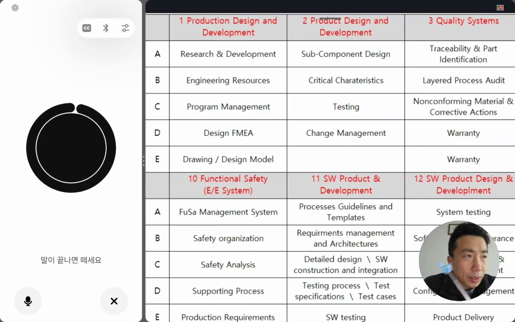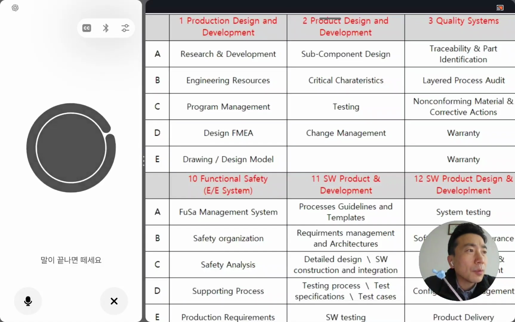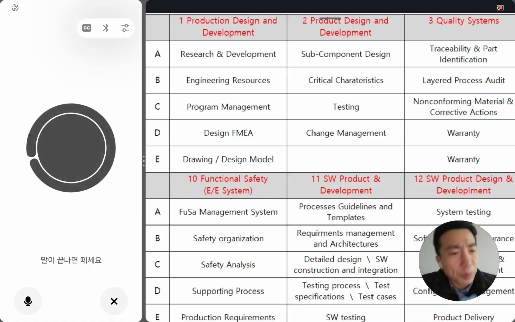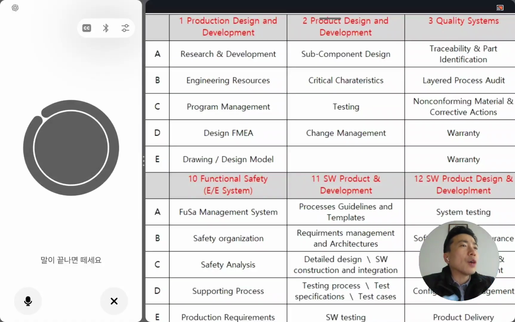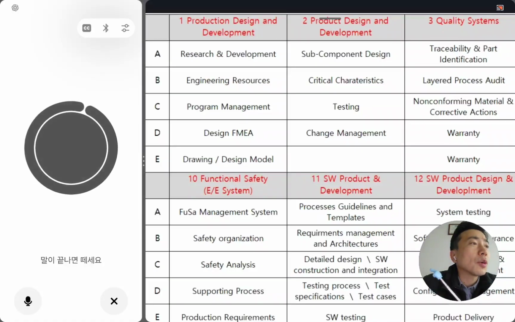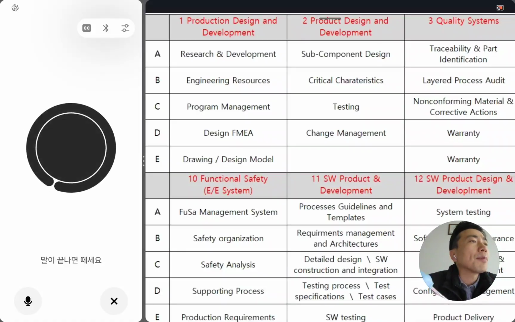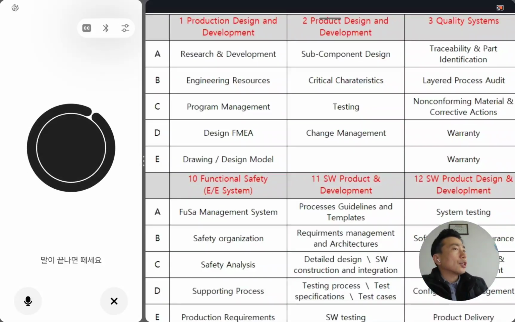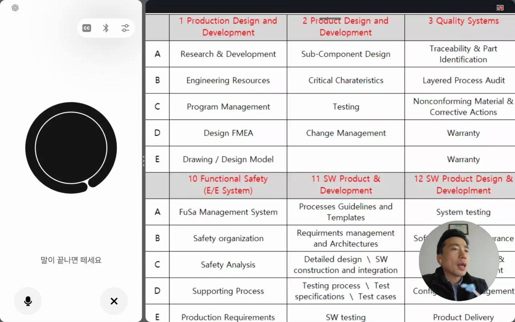Here I go. Design responsibility for subcomponents depends on the product and the project scope. In general, our R&D department is responsible for subcomponent design. The R&D department conducts design reviews and DFMEA at the early stage to evaluate design risks before selecting specific components and suppliers.